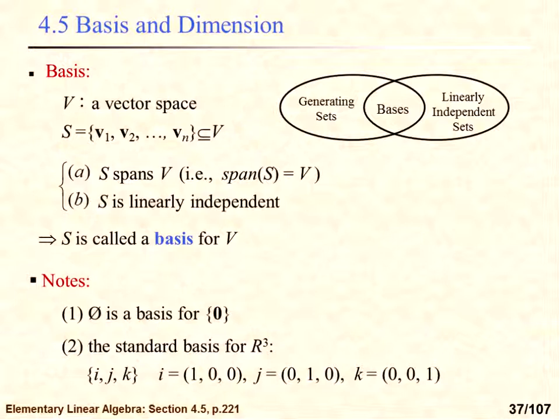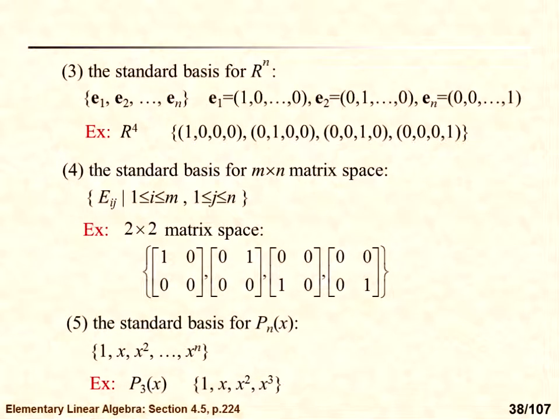Another topic is basis and dimension. Consider a vector space V, and let S be contained in V. If S is linearly independent and S spans V, then it is said to be a basis.